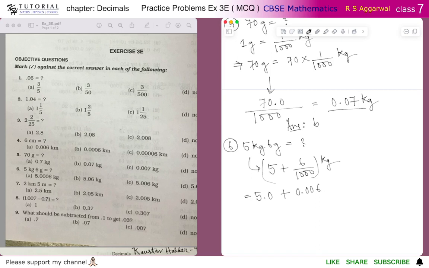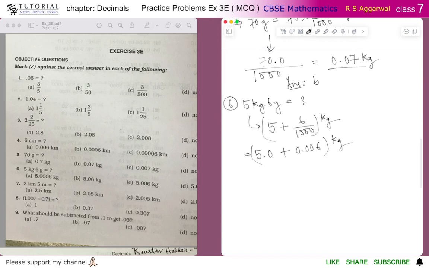Now you have to add these two decimal numbers. In addition of decimal numbers, we first convert them to like decimals, that is, their decimal places will be the same. So 5.0 we can write as 5.000, and then we have 0.006.